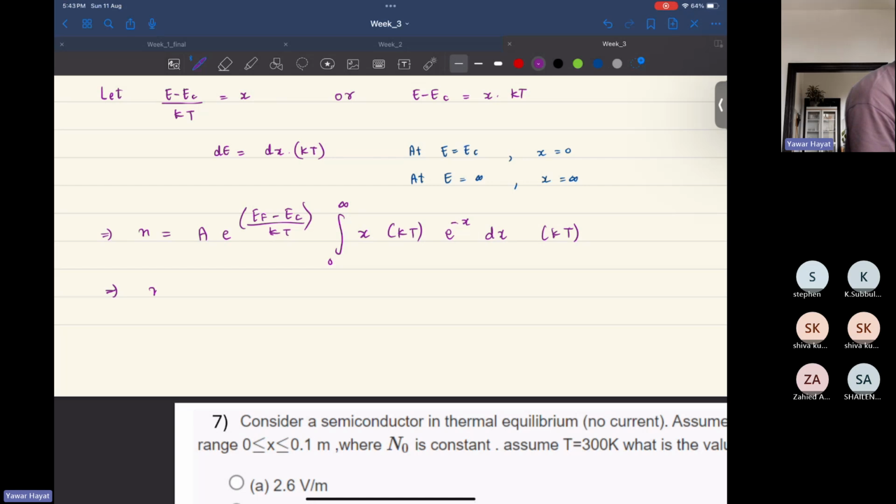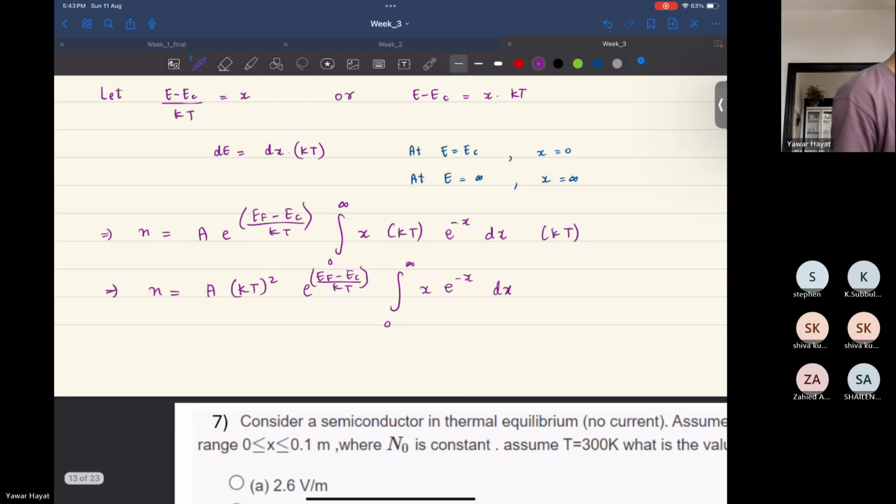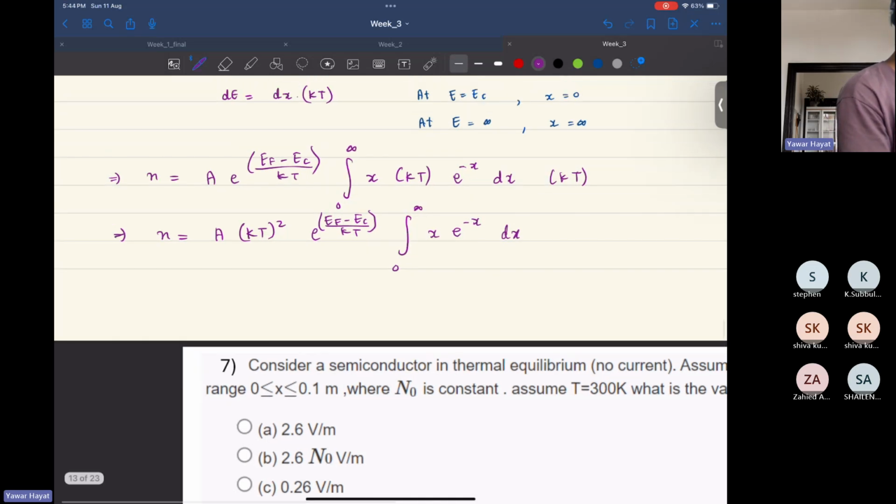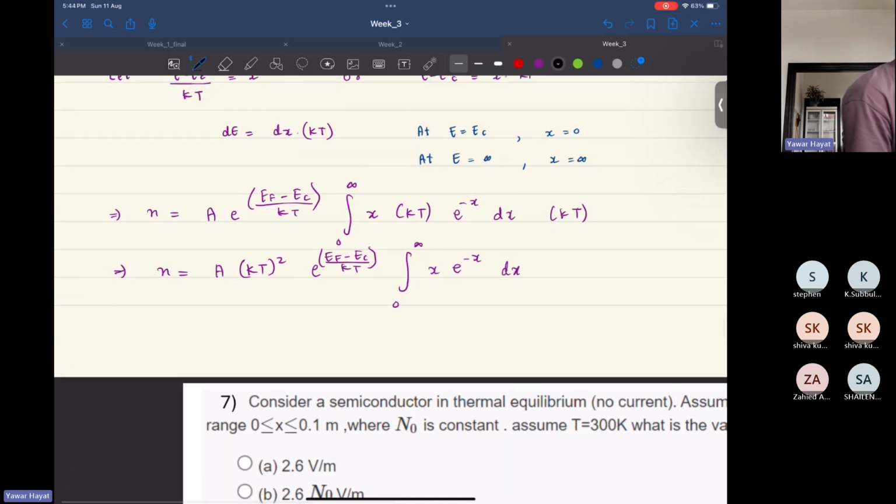This implies n is equal to A KT squared exponential of EF minus EC over KT, integral 0 to infinity x e power minus x dx, right? Likewise, we can just put this as equation 1.